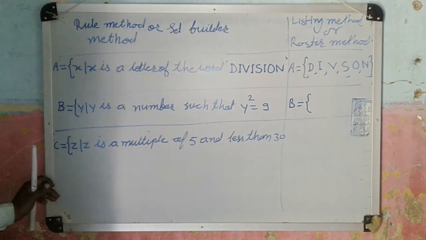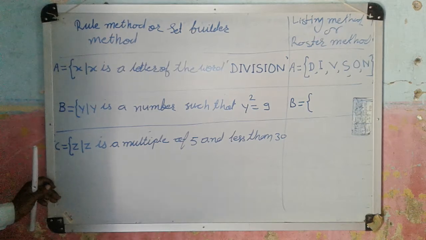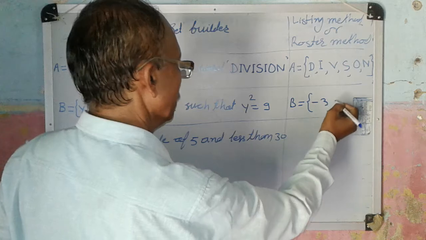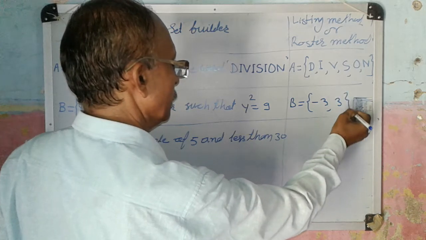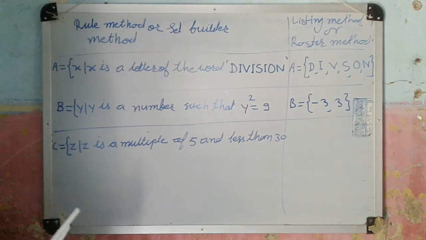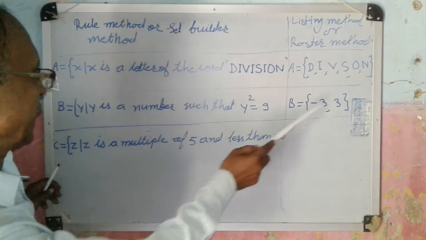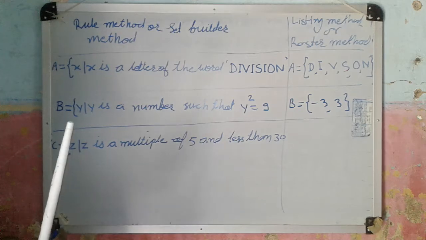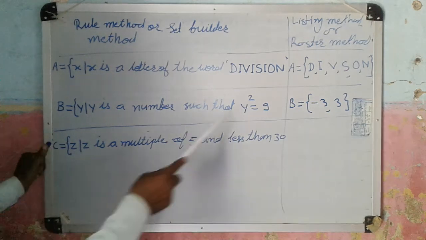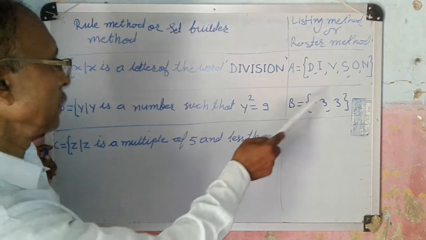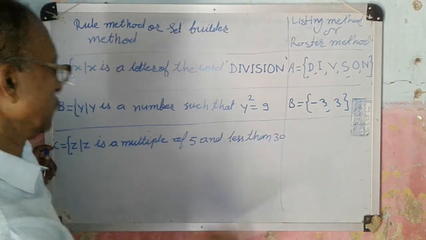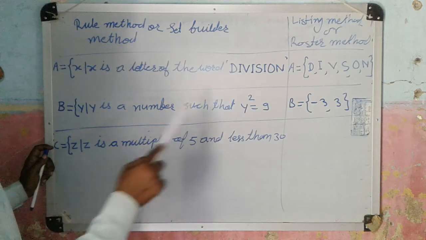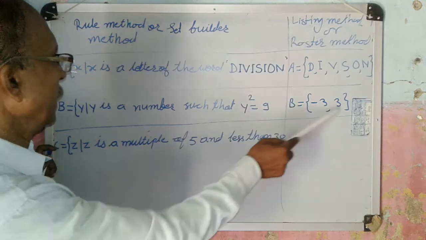So we have two numbers whose square is 9, that is -3 and 3. So square of -3 is 9 and square of 3 is also 9. So the elements of this set are -3 and 3. So this set, which is written in rule method, can be written in listing method in this way.